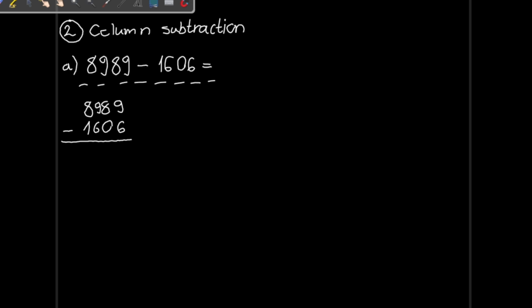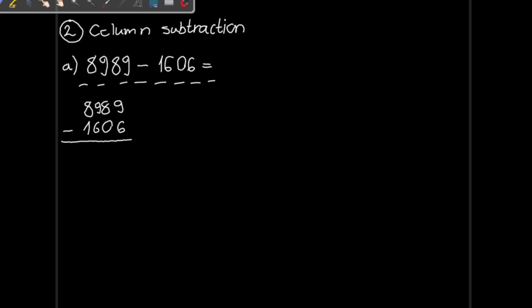And just like in column addition, this time we will subtract these two numbers, but this time, instead of we said 6 plus 9 in the previous exercises, we say 9 minus 6. So we start from up here and we subtract these two.